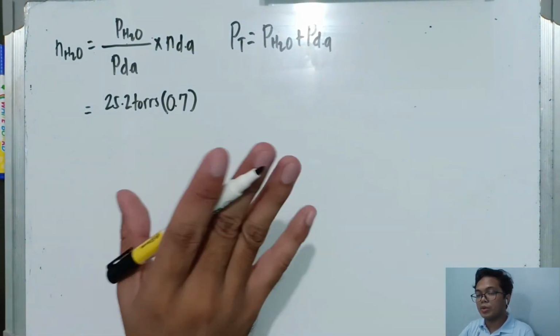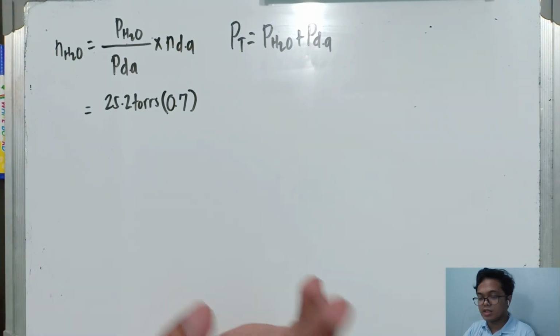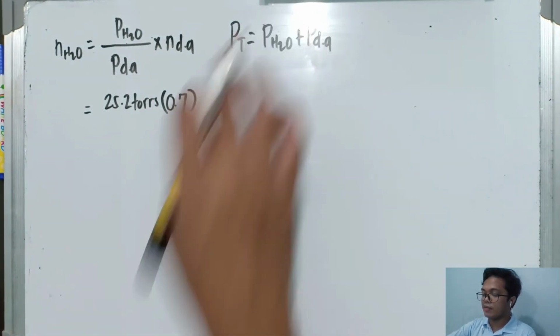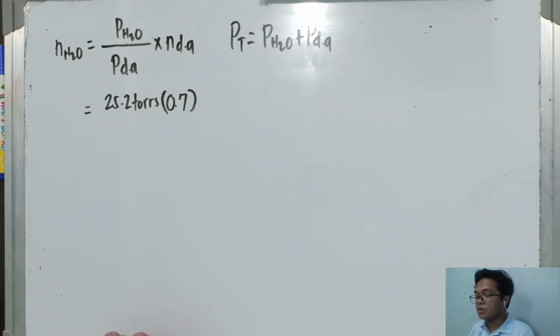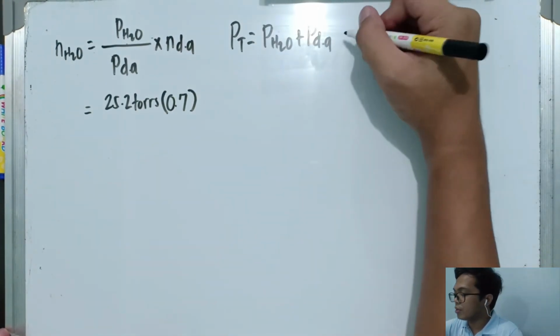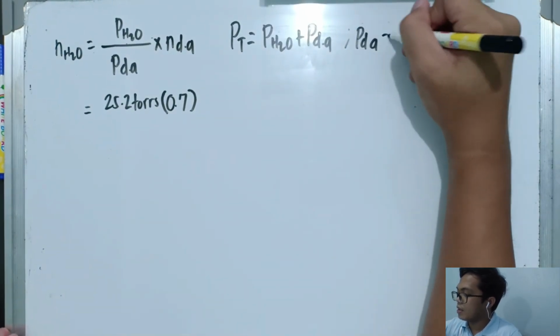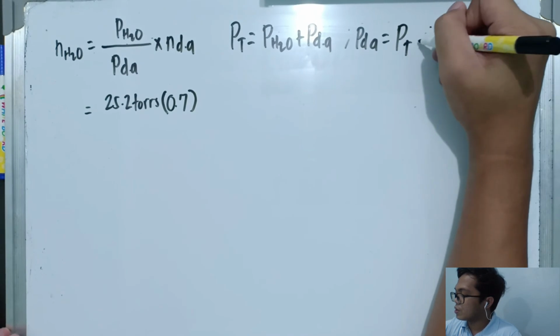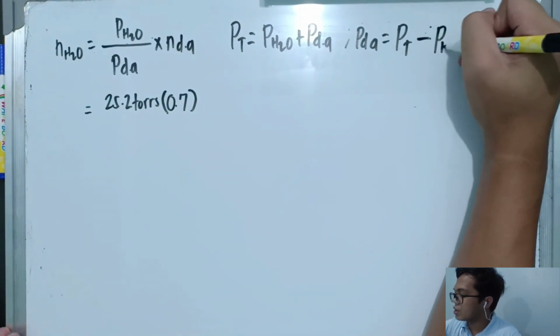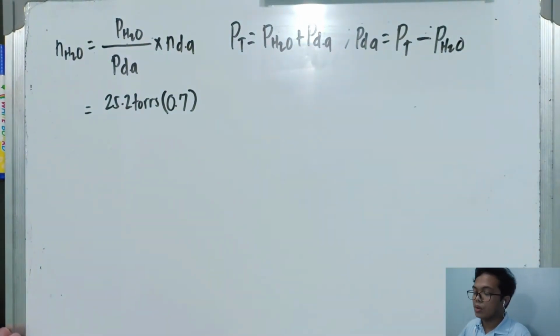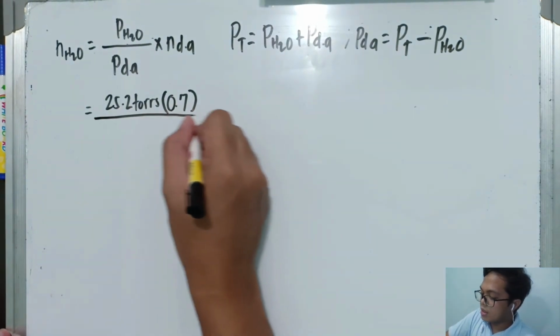And we already have our pressure total since it's given, that's 765 torrs. We also have our pH2O using the formula for PS. So if we rearrange this formula, we get for pressure of dry air, it's going to be pressure total minus pressure of H2O.